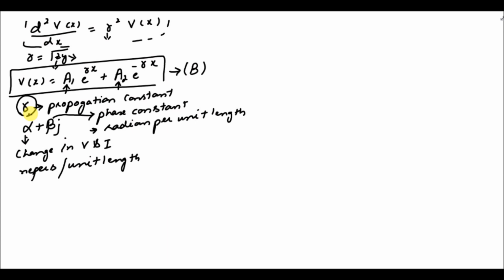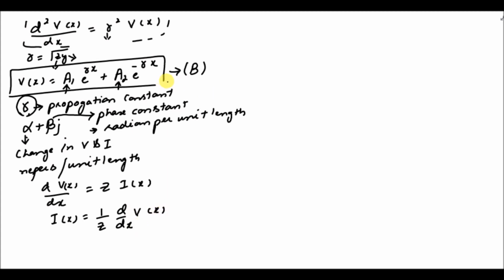Now again, we are using equation number 1 for the voltage that we derived before, which was dVx over dx is equal to Z Ix. And from here, Ix will be equal to 1 over Z d over dx Vx.